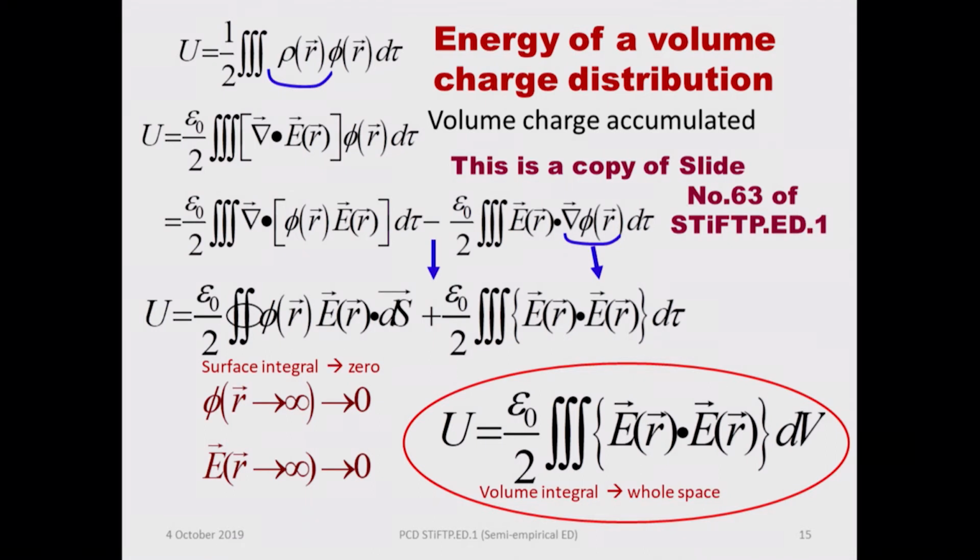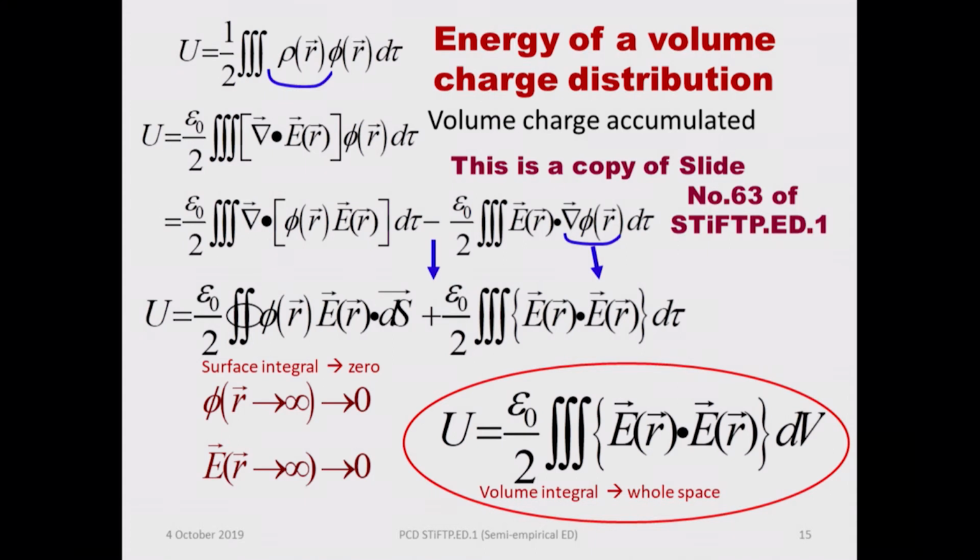Okay? And when you integrate this over the whole volume, and then we rearrange these terms, we use Gauss's divergence theorem and so on, so did some manipulation of the terms, and we found that the energy density is half E square multiplied by epsilon 0, of course. So, it is epsilon 0 by 2 multiplied by E square.